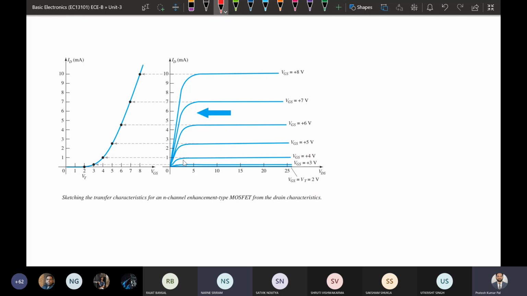For different voltages, this is like 3 volt VGS. At VGS 3 volt, whatever the current is flowing, this is the current. At 4 volt, what is the current? At 5 volt, we will be plotting different points. At 6 volt, this is the current value, at 7 volt this is the current, and at 8 volt, this is the current. By combining these points, we can get the transfer characteristics in case of N type MOSFET.